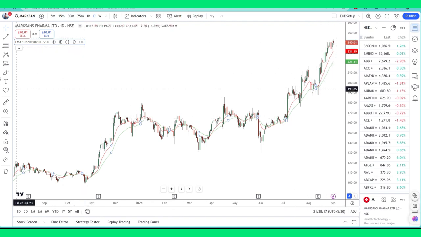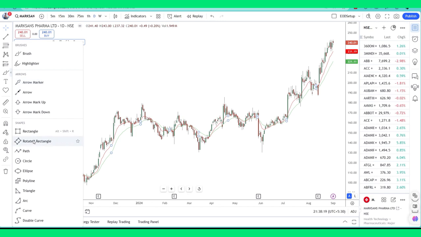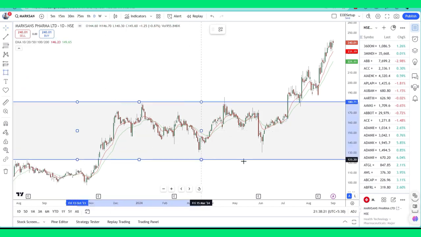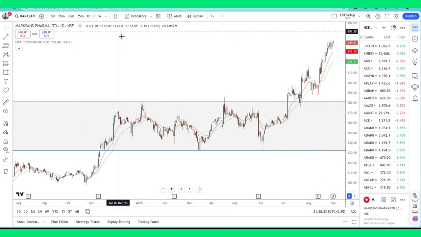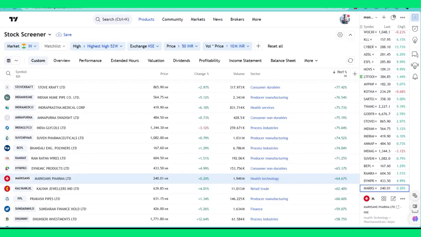So this one again, it built a beautiful base here, and now it's on its next stage. So it is really in stage 2 now. We need to wait for a very good next consolidation, and we should enter that. And again, it's too far away, we cannot take any action.